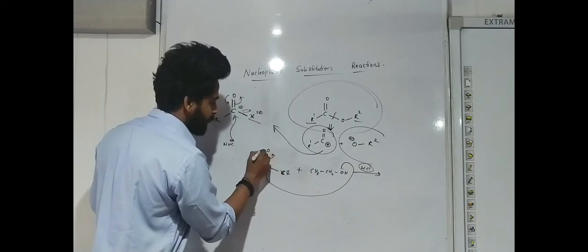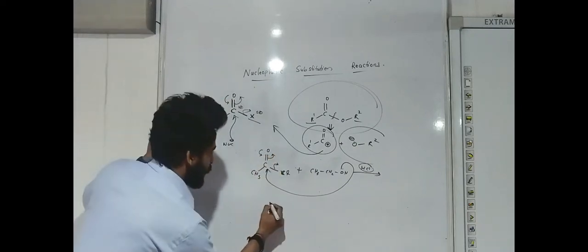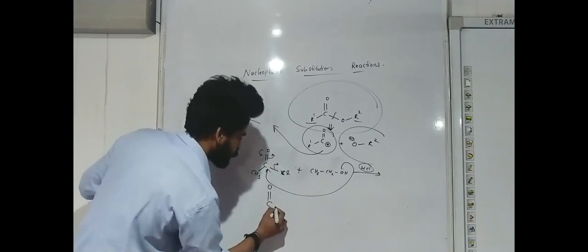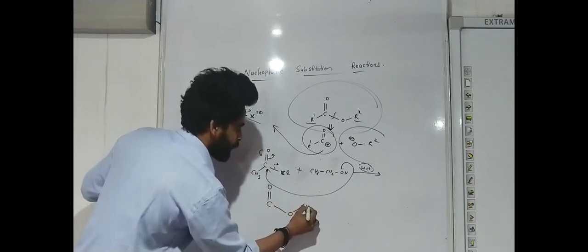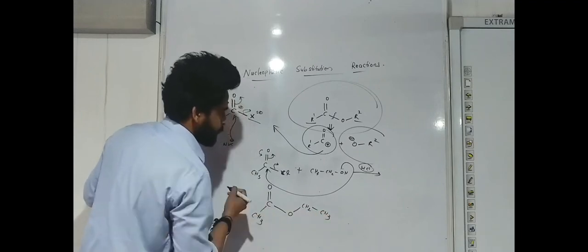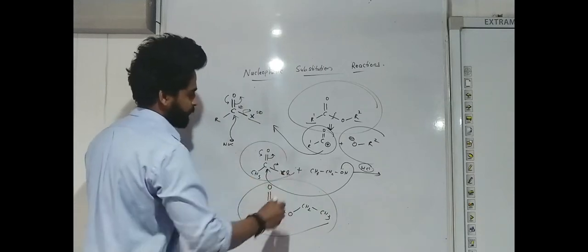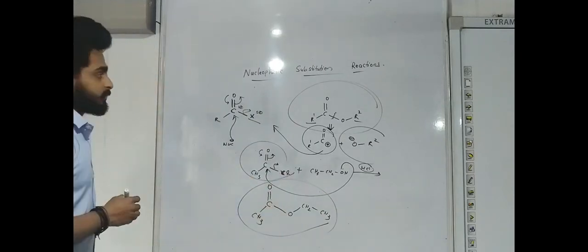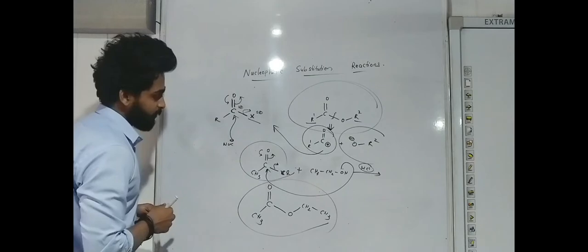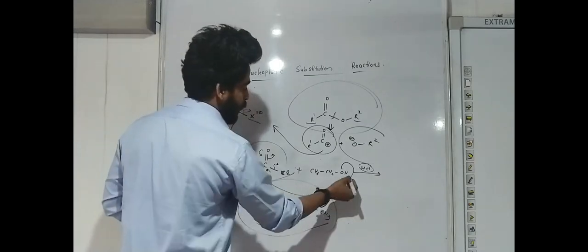Then this bond will break, a new bond will form, and then the chlorine will leave. So here we will get C double bond O, O, CH2, CH3, with CH3 here. So we prepared one ester from acetyl halides or acetyl chlorides. This is another method of preparation of esters from acetyl halides by treating the compound with alcohols.